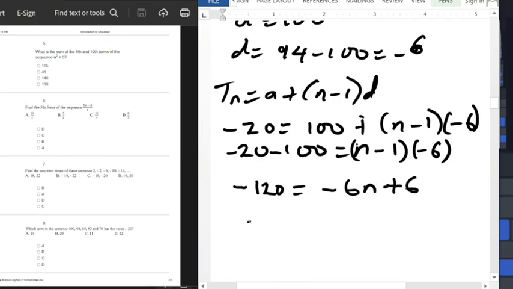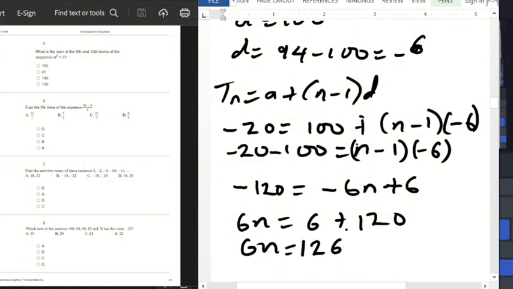So collecting the like terms, we have 6n equals 6 plus 120, so 6n equals 126.